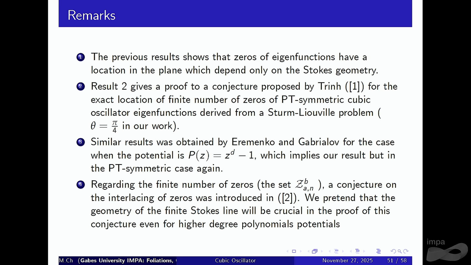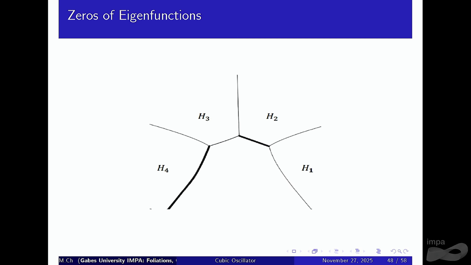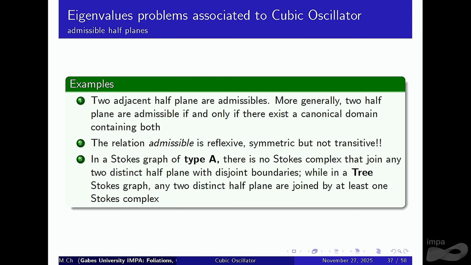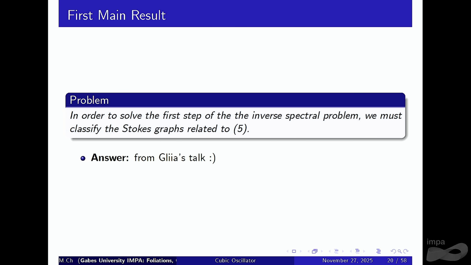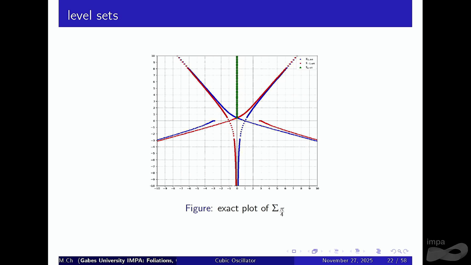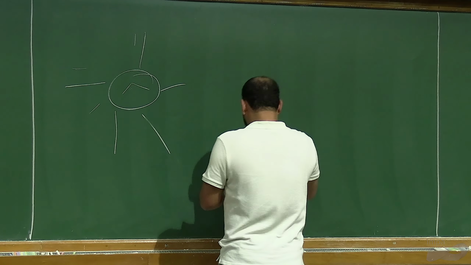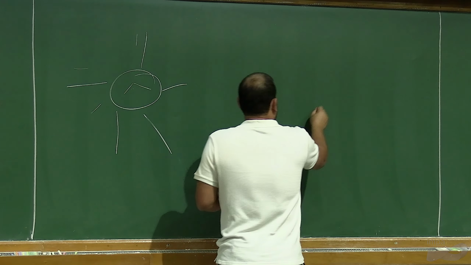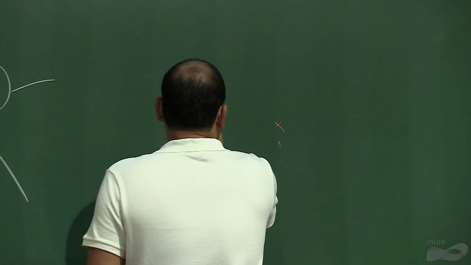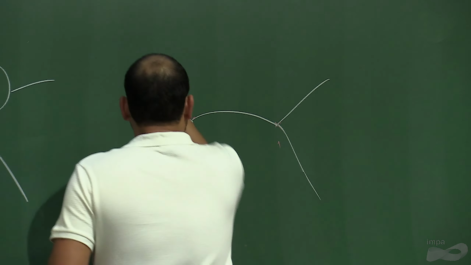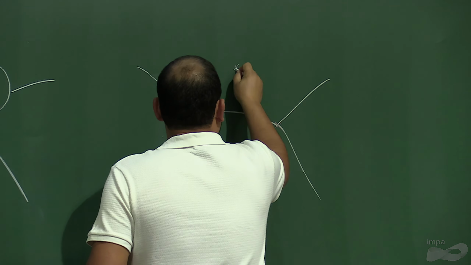I will just explain before going on. I will return to the set, it is very important. If we focus just on the green, the Stokes graph will be like this: this is -1, and this is 1. This is A in the green.